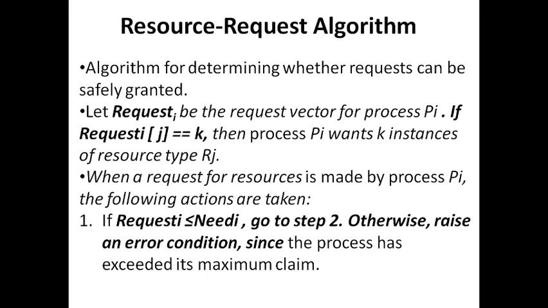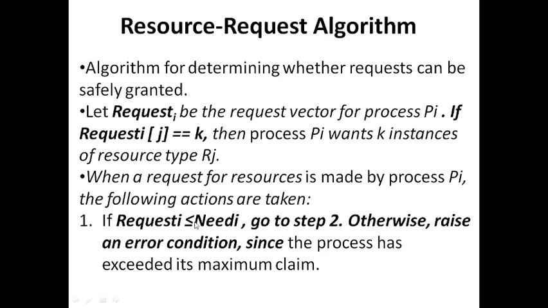It has submitted a claim in the beginning saying I need this many resources. Now it should not exceed that claim, because the claim is like the maximum requirement. So a process should only request within the claim. That is what is verified here.